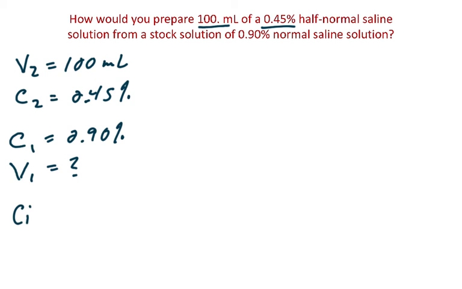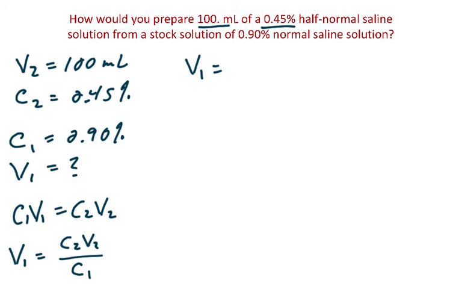So starting with the general equation and solving for V1, we have C2V2 over C1.